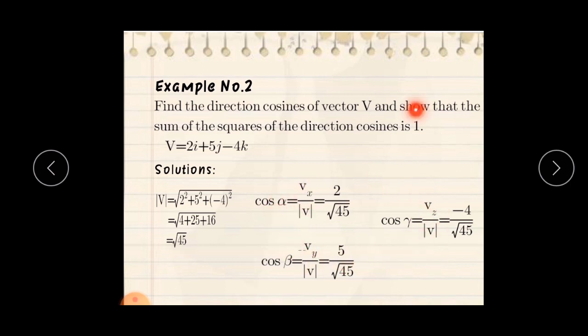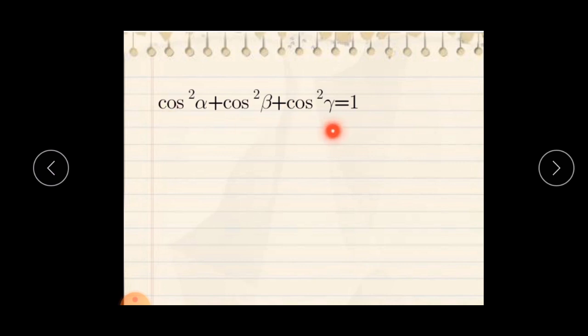And now we need to show that the sum of the squares of the direction cosines is 1. We have this formula: cosine alpha squared plus cosine beta squared plus cosine gamma squared is equal to 1.